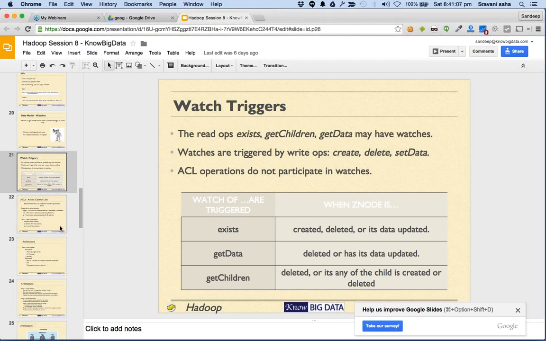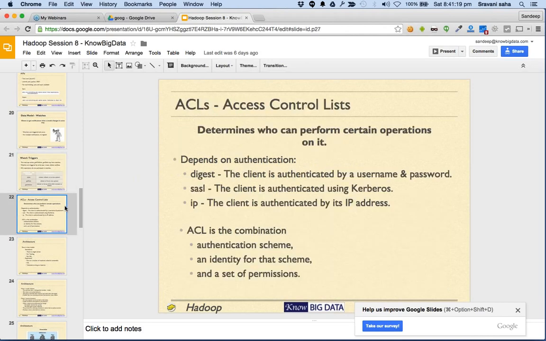So basically, we talked about two things: that in Zookeeper we can create various kinds of nodes, as well as put watches on each particular node.